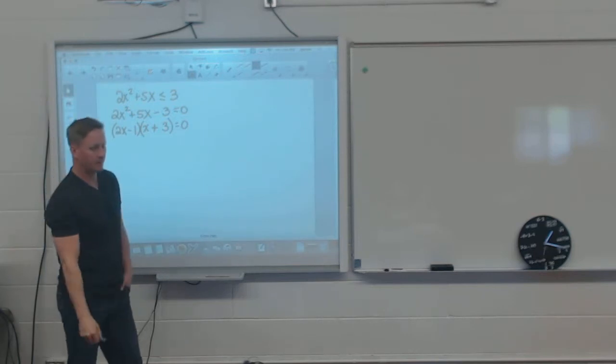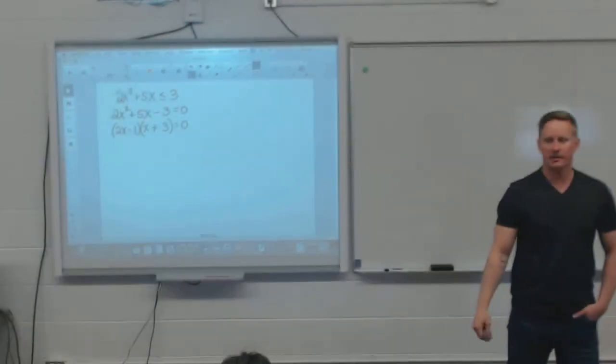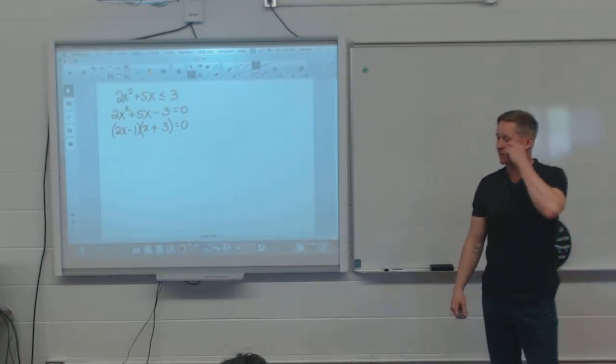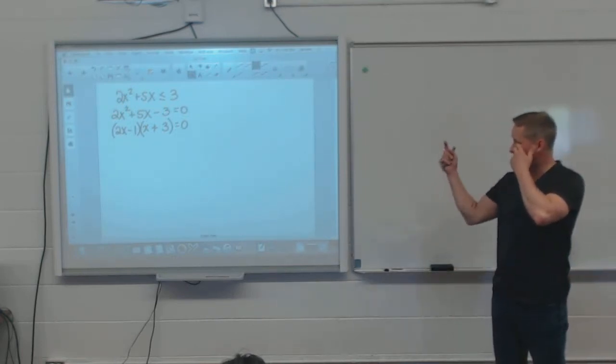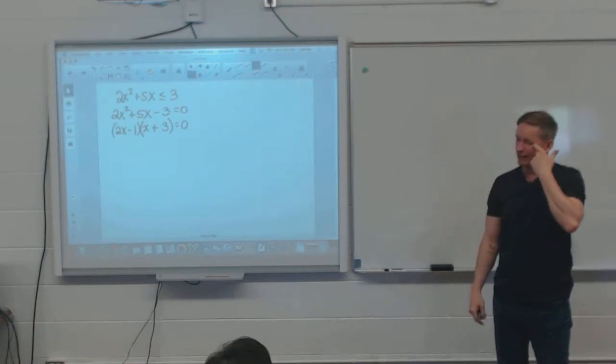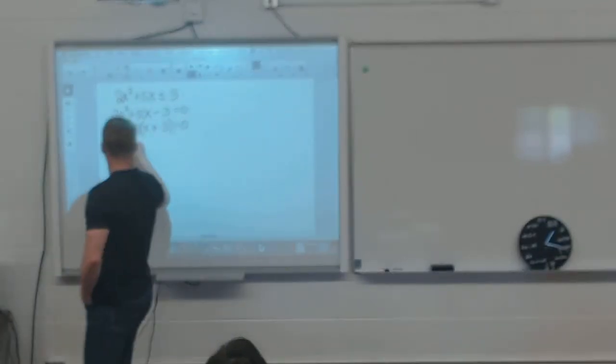Like that. Okay? 2x squared only has two factors, 2x and 1. 3 only has two factors, 1 and 3. And somehow you need to have it so that it's 6, so that you can subtract and make 5x as your middle one. So what are my two roots?